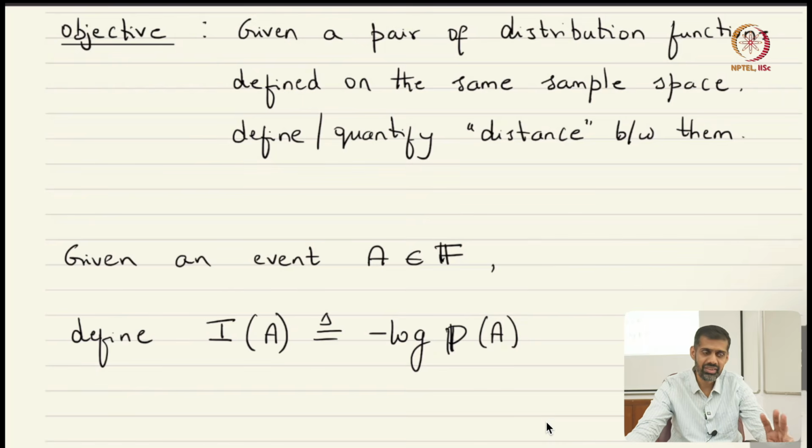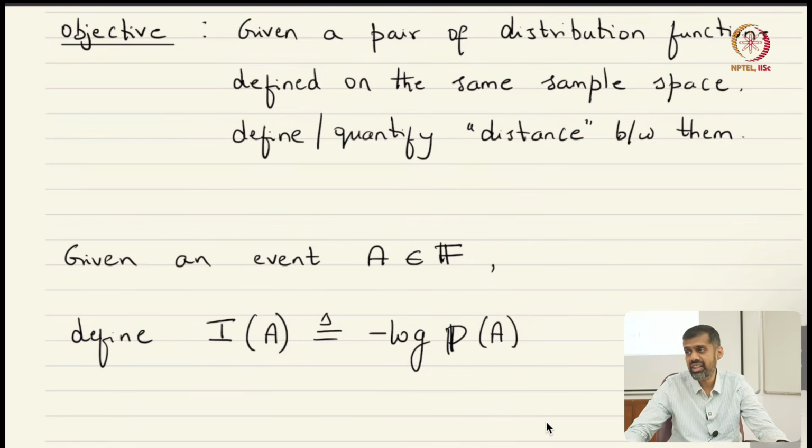If you look into these three requirements, then the negative of the logarithm of the probability of that particular event satisfies all of them. It's very easy to see, because if A is the sample space, then P of omega is 1, and negative of log of 1 is 0. If it is the null event, then P of null is 0, and this will become infinite, a very large value.